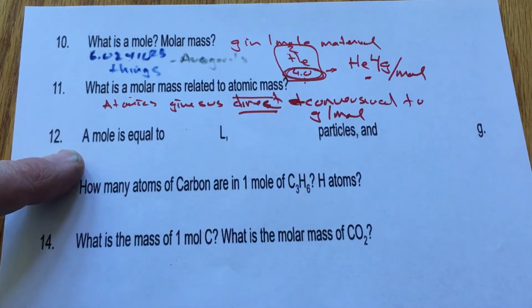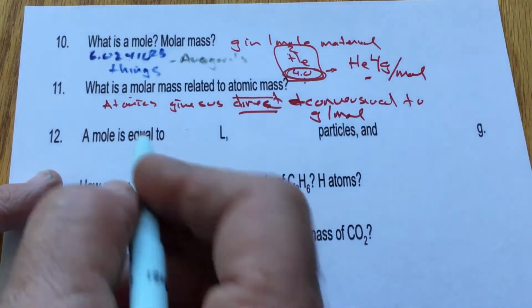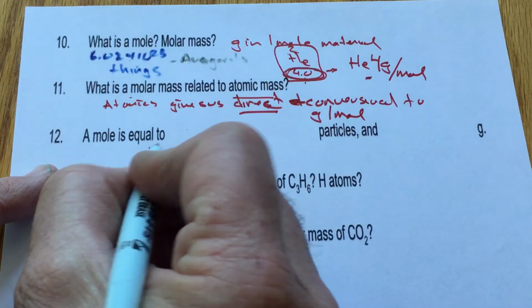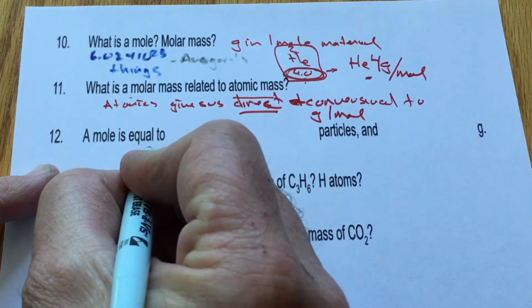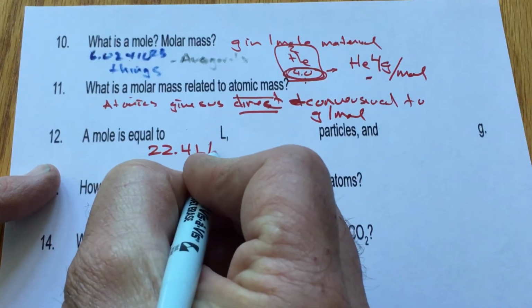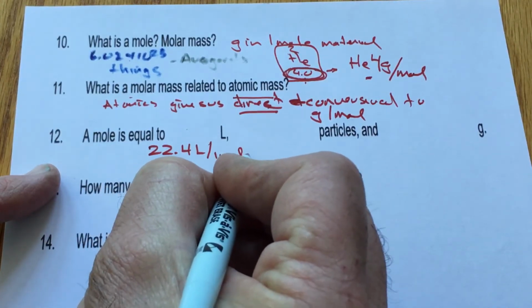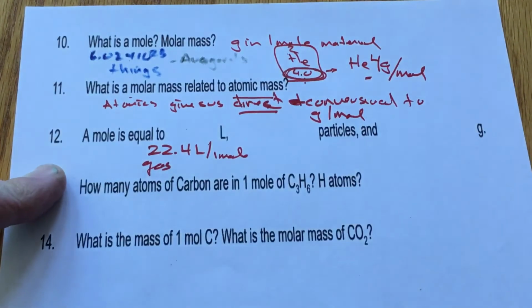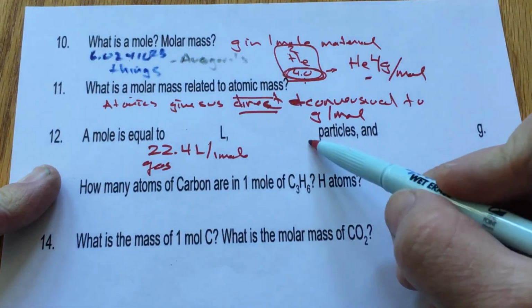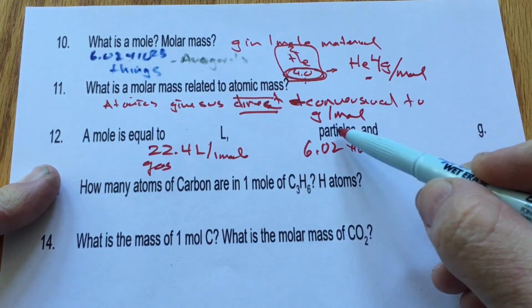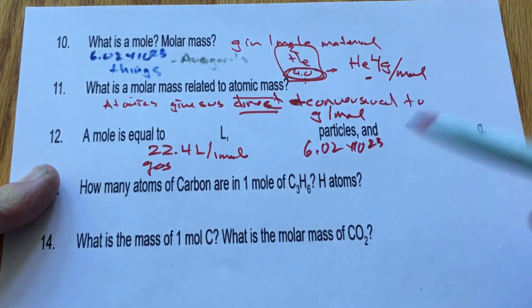All right, a mole is equal to how many liters? Well, at standard temperature and pressure, there are 22.4 liters per 1 mole of gas. That's of a gas. How many particles? That's Avogadro's number, 6.02 times 10 to the 23 atoms, particles, or molecules.